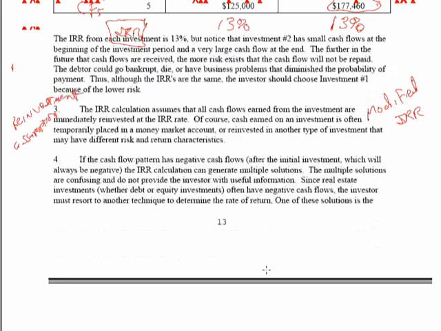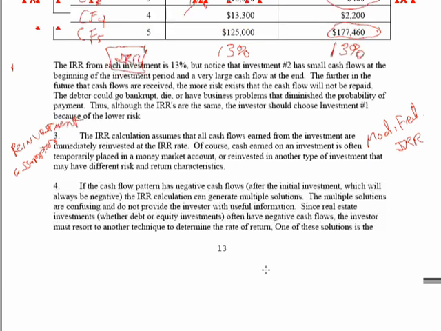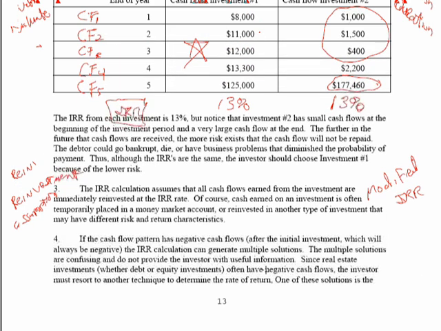Another problem with the internal rate of return is that it has problems with negative cash flow patterns after the initial investment. The initial investment, year 0, is usually always negative. I have to invest so much to buy a property, stock, or a bond, so the CF0 is always negative. But sometimes some of the future cash flows might be negative too.